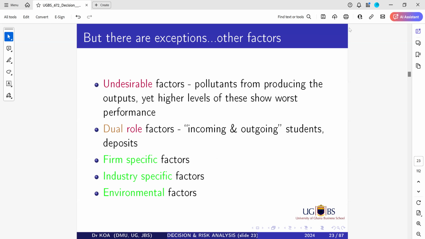Give me one example of an output that is not really desirable. It's a byproduct of a good output. Okay, so can we use the palm oil and then the palm kernel? Explain.